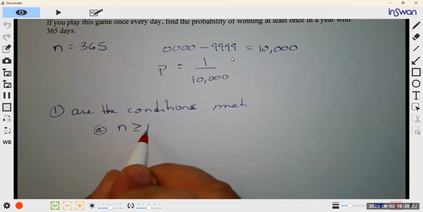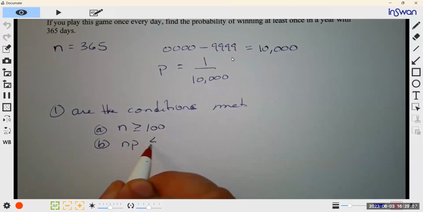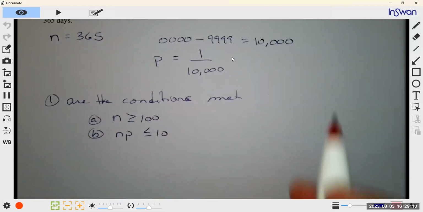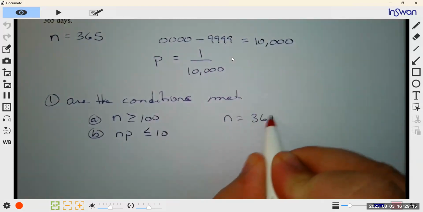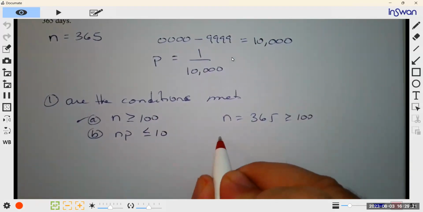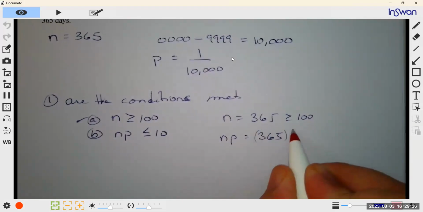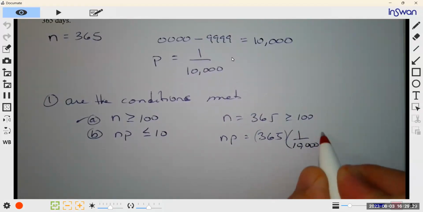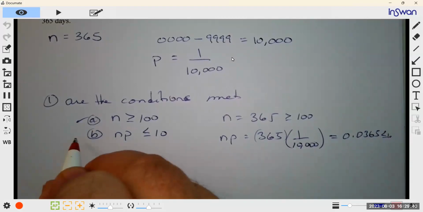Is n bigger than 100, and is n times p less than 10? In our case, n is 365, so yes, it's bigger than 100. n times p, which is 365 times 1 over 10,000, equals 0.0365. Is that less than 10? Yes.